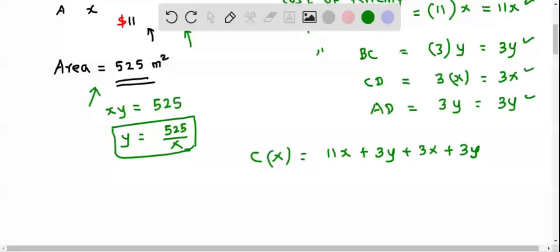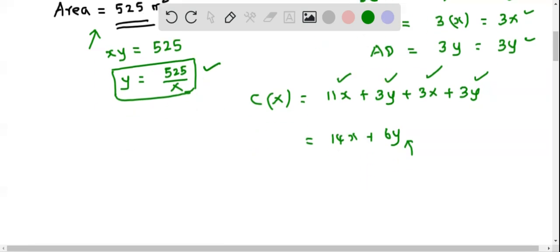Now let's replace Y with 525 over X. We combine like terms: 11X plus 3X is 14X, and we also combine 3Y with 3Y, which is 6Y.